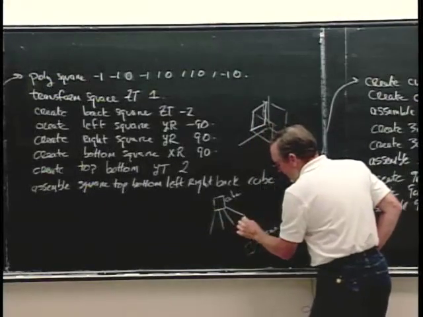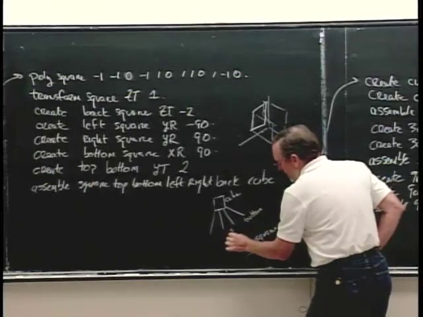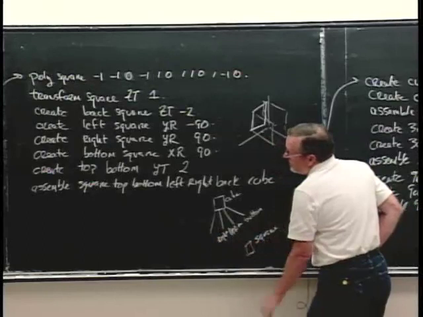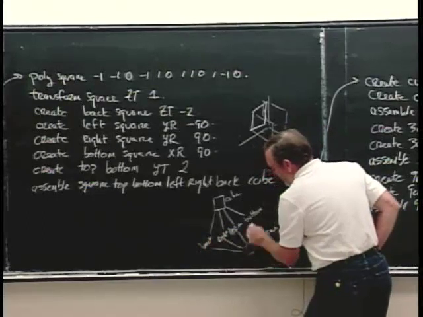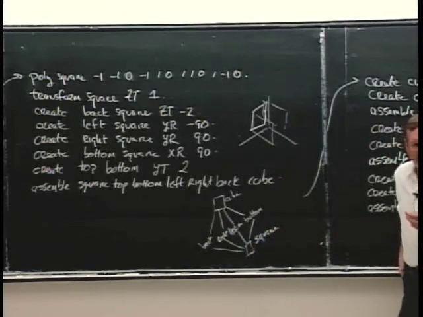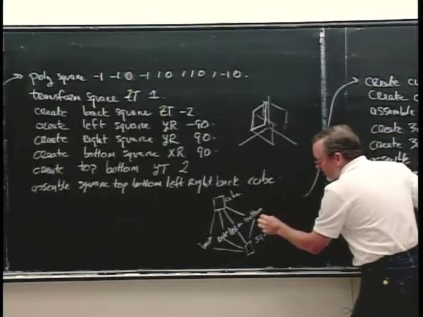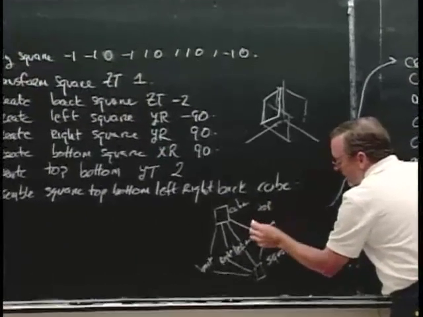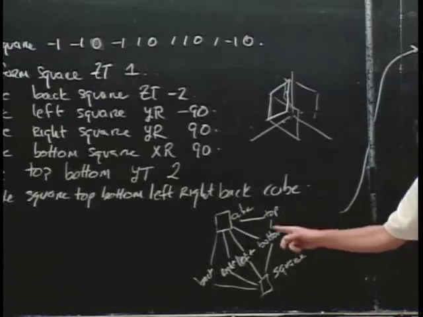Here's bottom, and here's left, right, and back. All of whom reference square. And then over here, because I created top from bottom, I have to have top up here. Cube also has a top, which is not created from square, it's created from bottom.